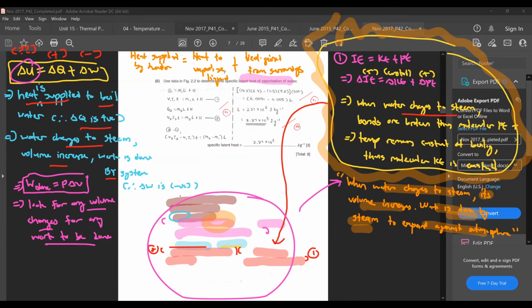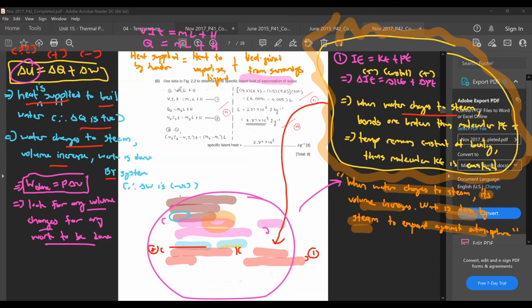So this is the general form of the equation, which would be Q equals mL plus H, which would then be VIT equals mL plus H.